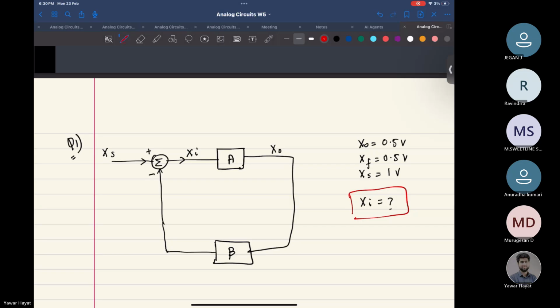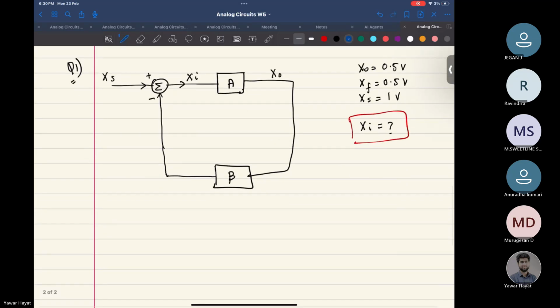Anyone? What is XI? XI is what? XS plus beta X naught.